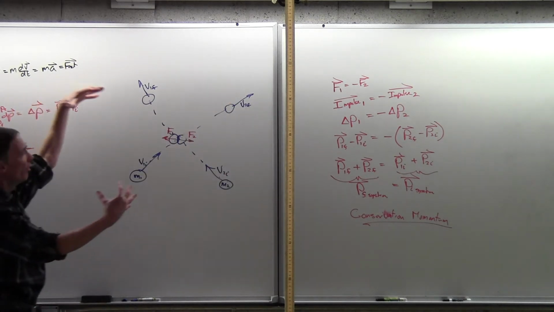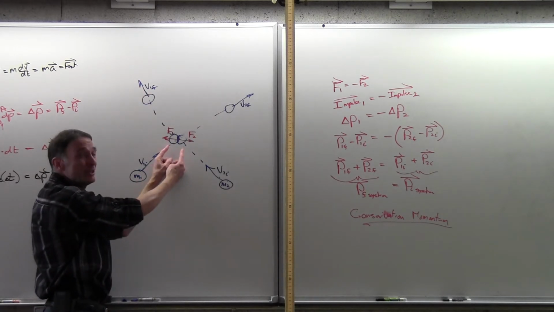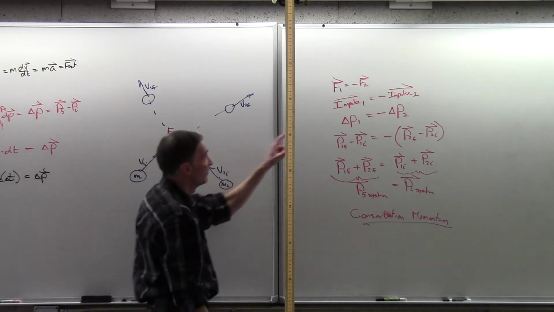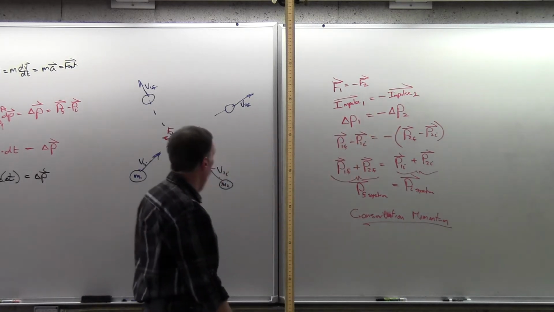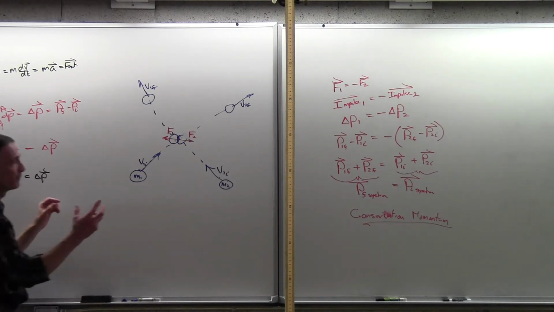As long as there are no other forces coming in from the outside, all forces we say are internal to the system, then momentum will be conserved because of this idea of action-reaction. Everything can change, but add up all the changes and it ends up being no change for the system.